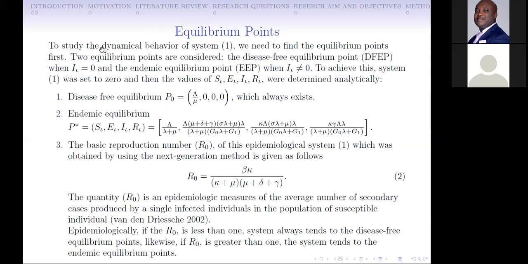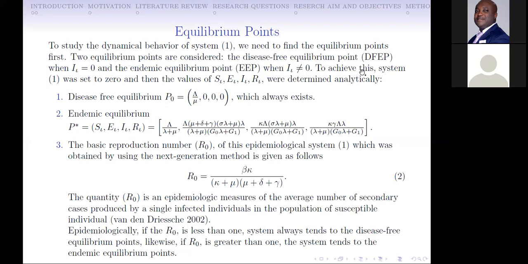The equilibrium points. To study the dynamical behavior of system model 1, we need to find the equilibrium points first. Two equilibrium points are considered: the disease-free equilibrium and the endemic equilibrium points. The disease-free equilibrium point is when the infected class equals 0, and the endemic equilibrium point is when the infected class is not equal to 0.